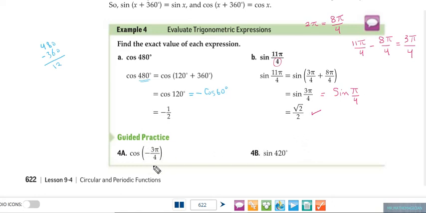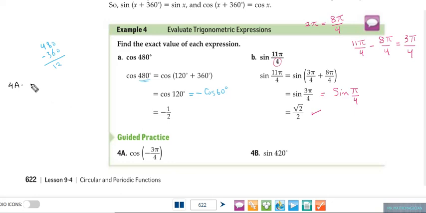Now let's discuss problem 4a. I need to find cosine negative 3 pi over 4. First, transform this angle into a positive coterminal angle.